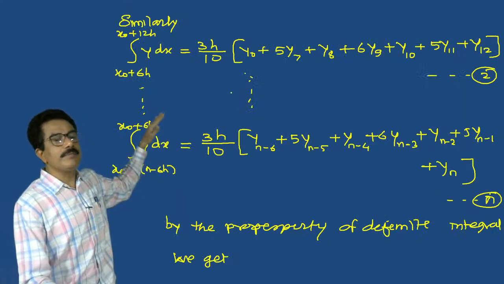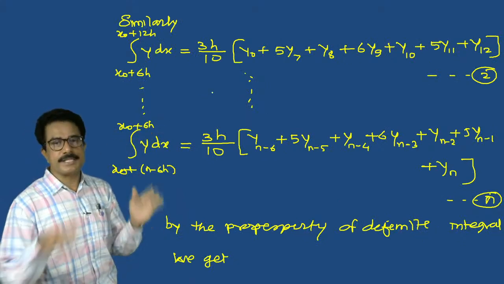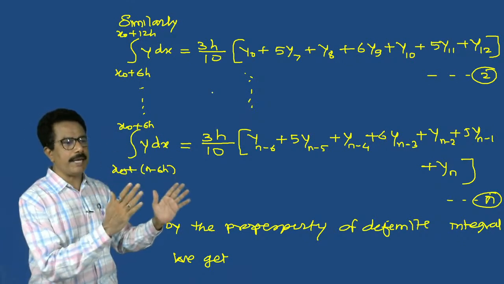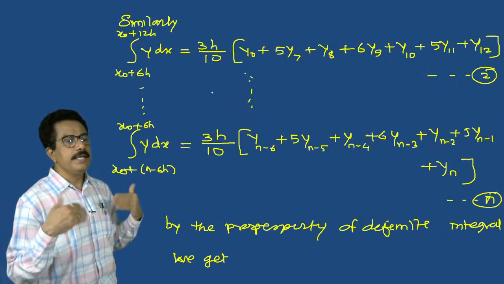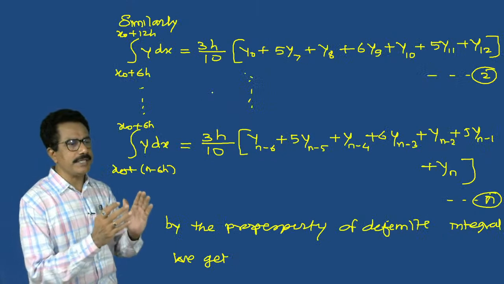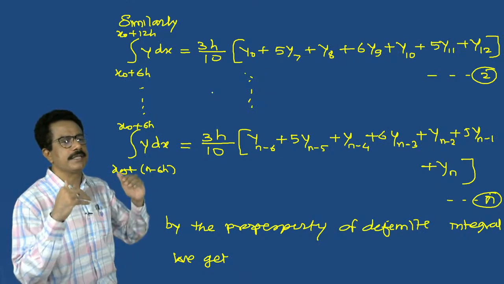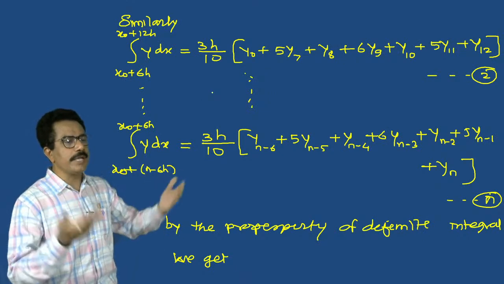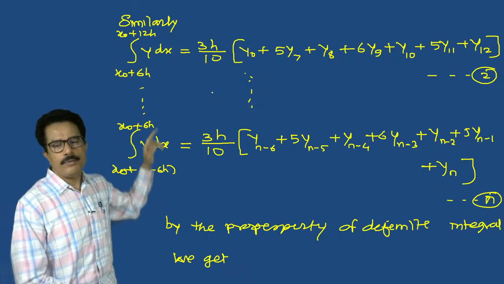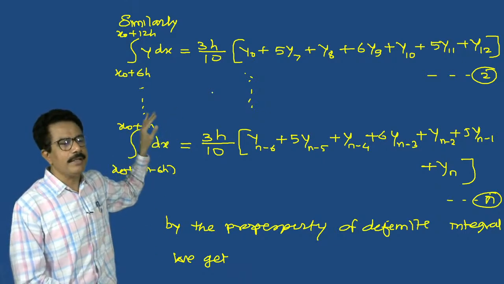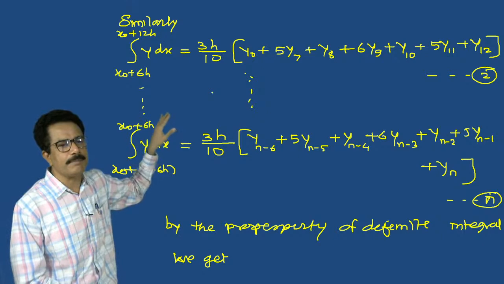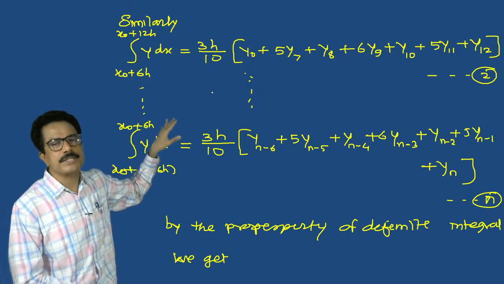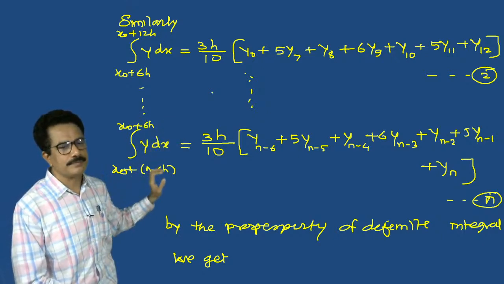Then from this we can write the second column integration. पहिला part चा झाला integration from x0 to x0 plus 6h. Similarly, we can find the integration from x0 plus 6h to x0 plus 12h of y dx. We can write 3h divided by 10, y6 plus 5 into y7 plus y8 plus 6 y9 plus y10 plus 5 y11 plus y12.